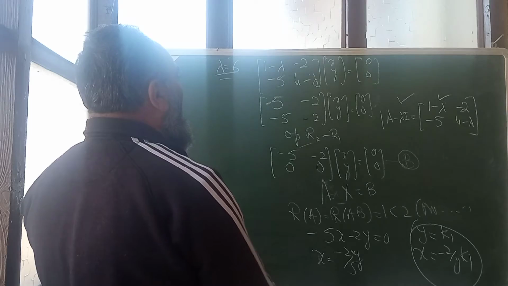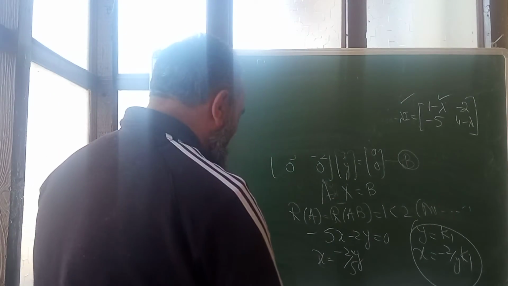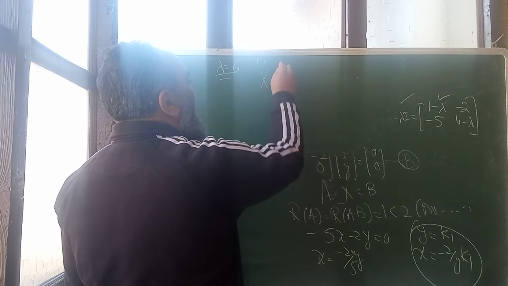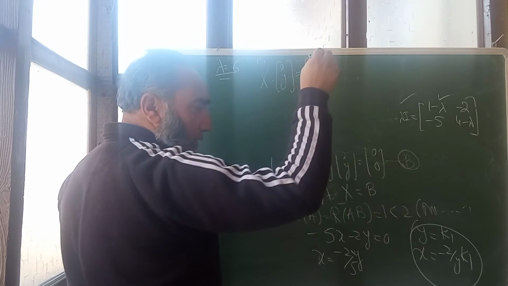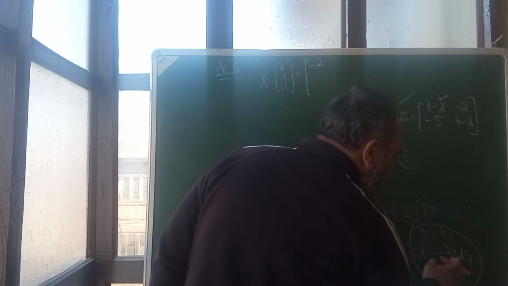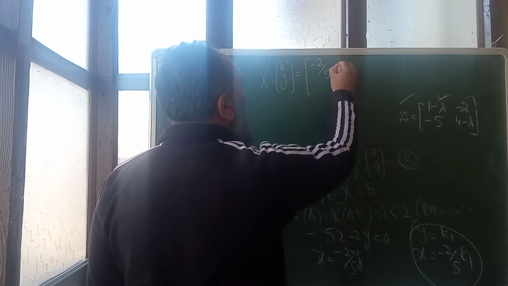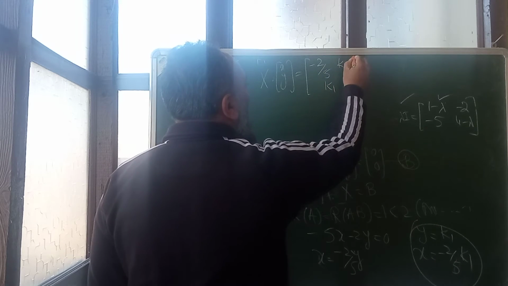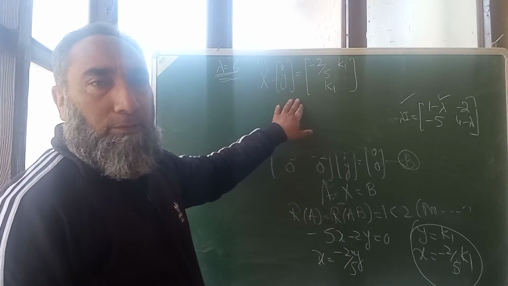So the eigenvector capital X, which is here [-2/5 k1, k1], corresponding to the eigenvalue lambda equals 6 is given by this.